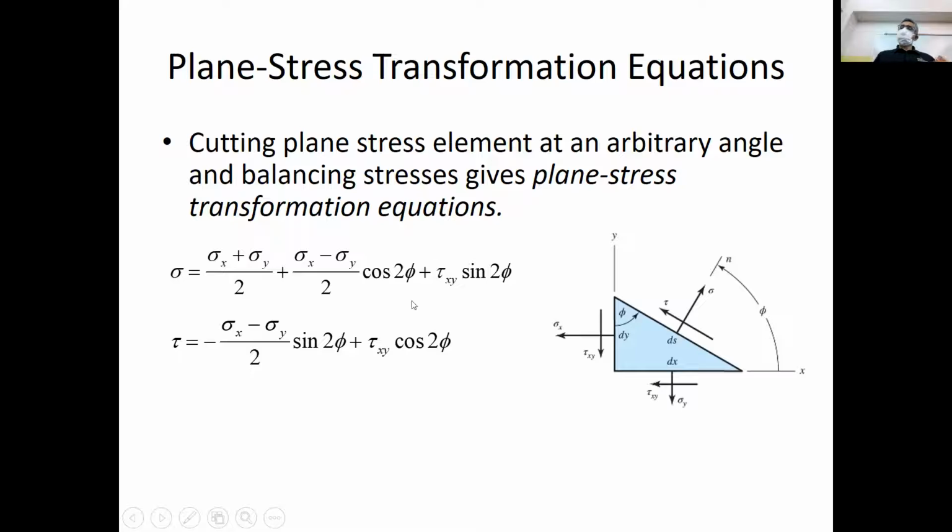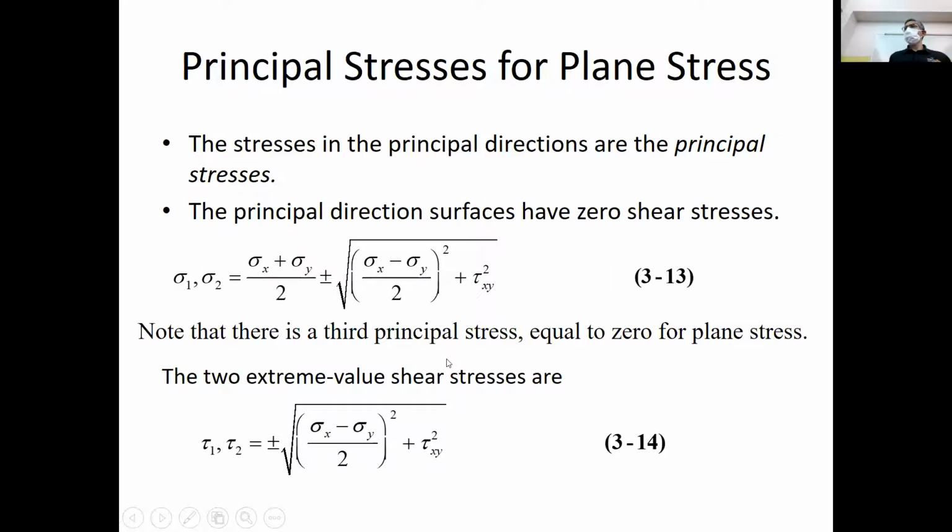And combining these 2 equations, we were able to come up with the parametric equation that gave us Mohr's circle, which is another brilliant graphical method to look at the stress in any direction, as well as identify principal stresses and shear stresses. So equation 3.13 gives me the principal stresses.